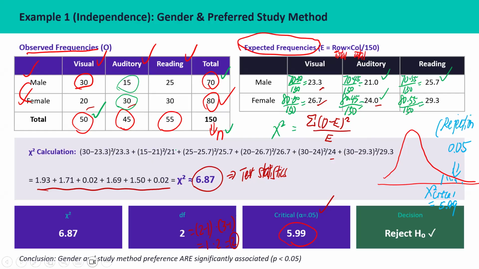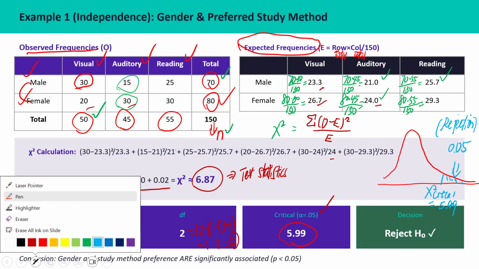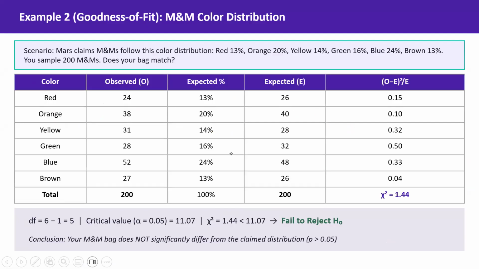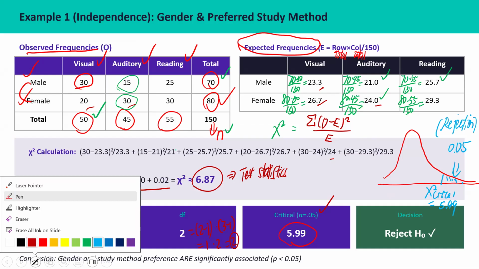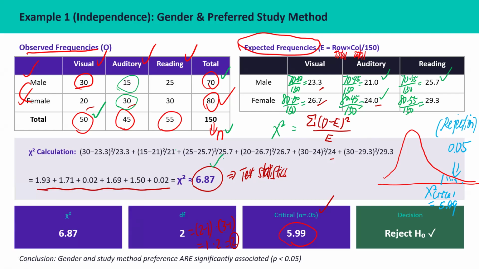So that means our test statistic is 6.87. 6.87 is right here, and that actually falls in the rejection region. Okay, so we reject the null. That means they are associated, right?